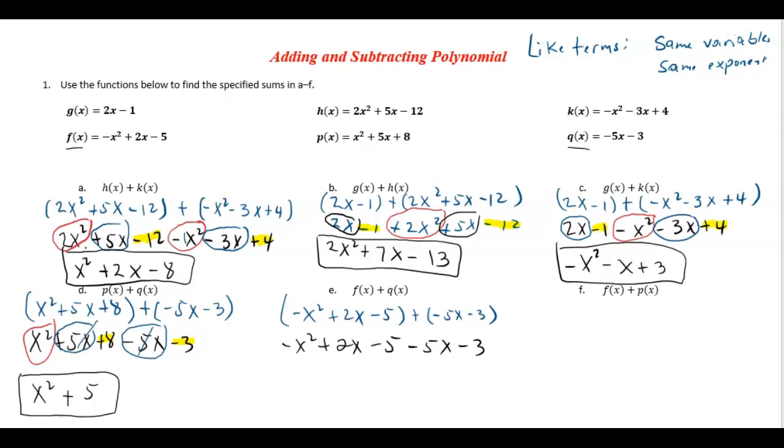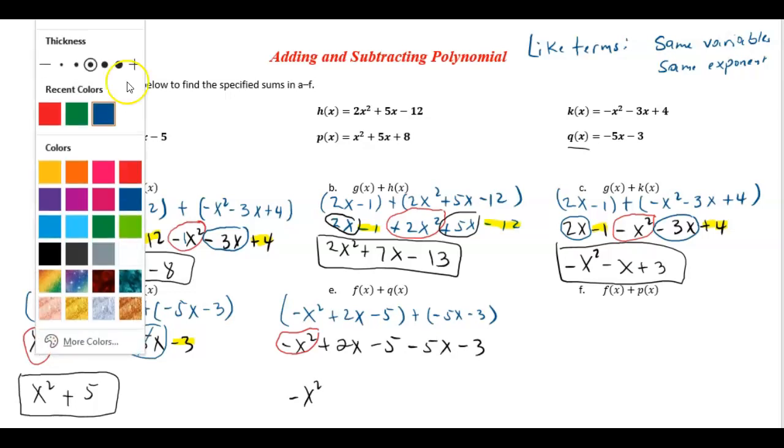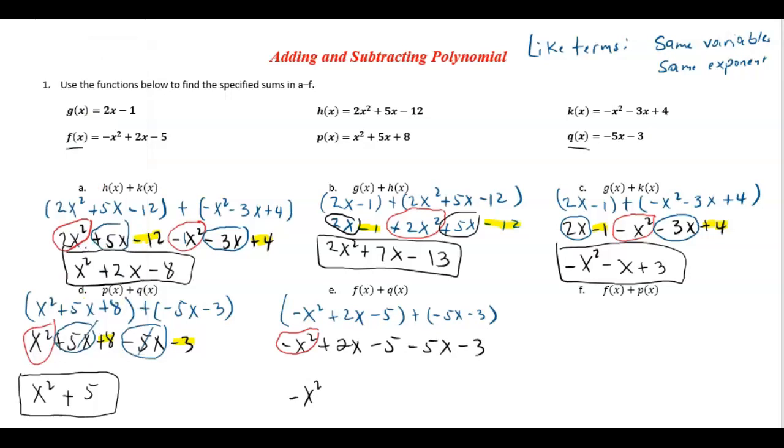Now we're going to start combining like terms. The x squared: we got negative x squared in the front, but there is no other term with the x squared. So we're going to start with the negative x squared. Now let's do the x term.